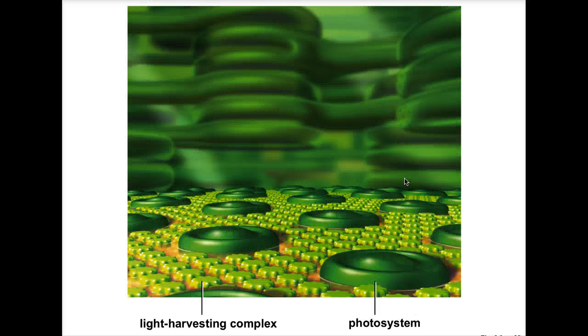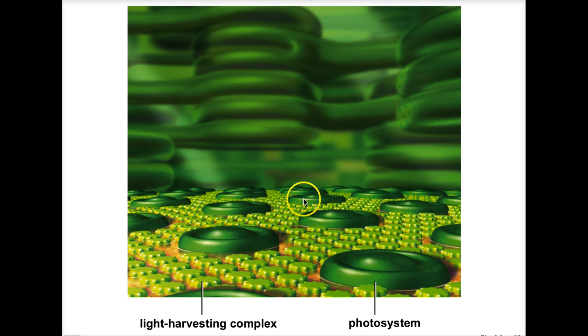This is a really interesting artist rendition of, imagine you were inside of a chloroplast and you were standing on the surface of a thylakoid and you were looking up and looking out. So up here you see more thylakoid membranes. This watery environment would be the stroma.